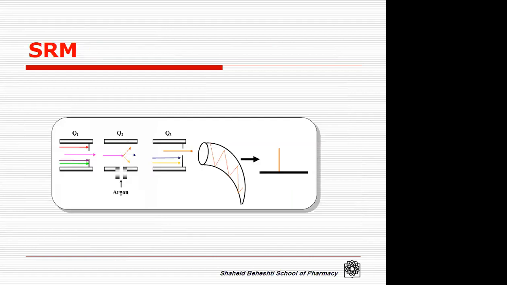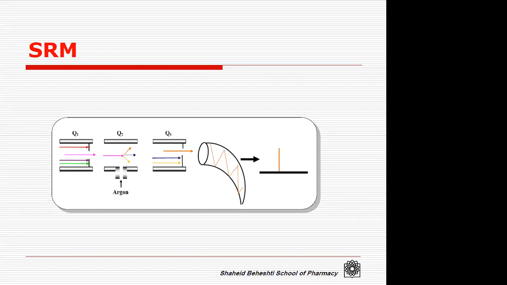In mass spectrometry, there are different methods of ion monitoring. If we want to see or monitor a compound by mass spectrometry, the compound has to be ionized. We have to change the compound to the ionized form, and then the mass spectrometer would be able to separate the fragments from each other, and the machine is going to record the fragments.